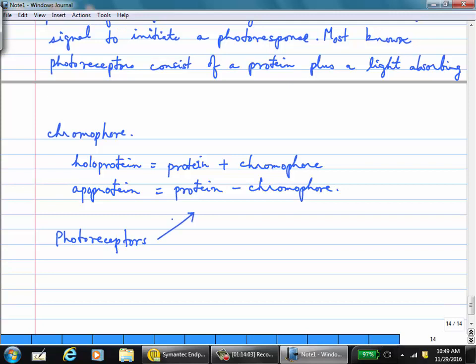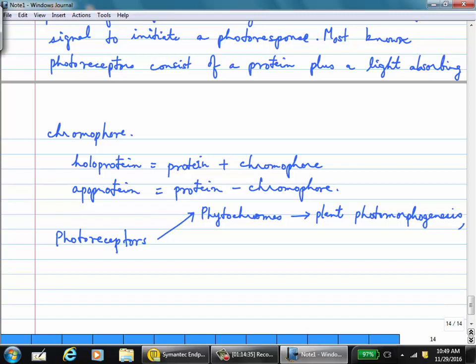The first set of photoreceptors that we talk about are called the phytochromes. These phytochromes are responsible for all kinds of plant photomorphogenesis, and they absorb mainly red and far red light.